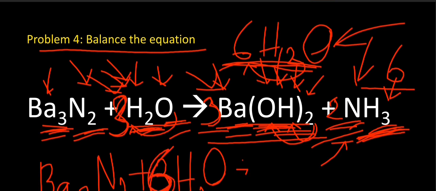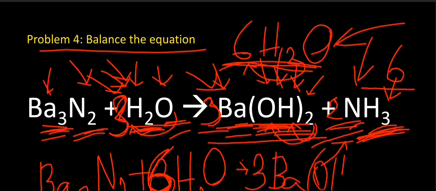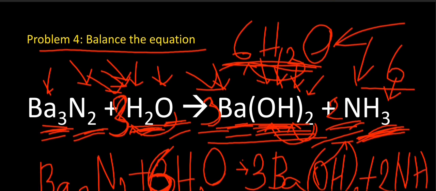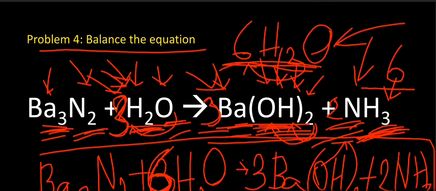Here will be 6H2O, and this is the balanced version of the equation.